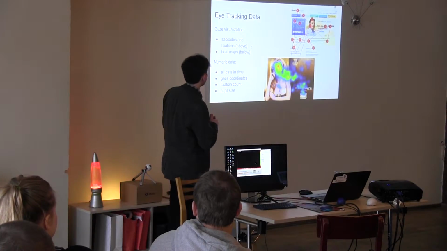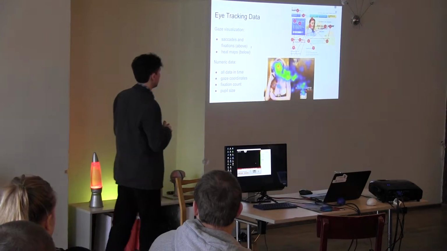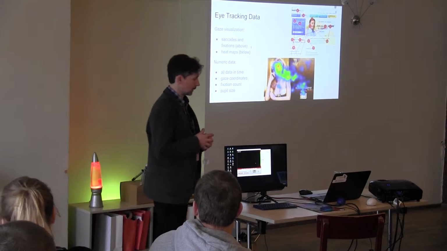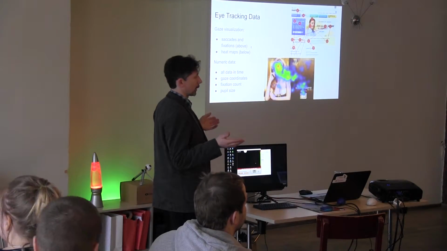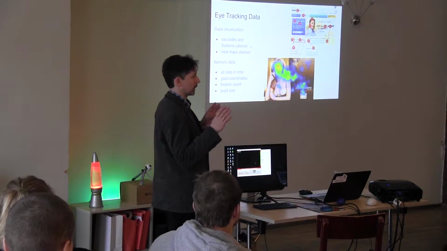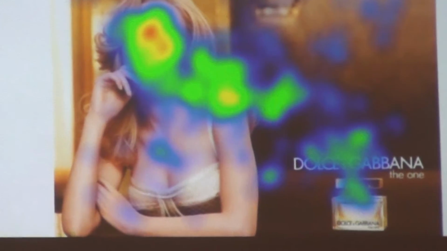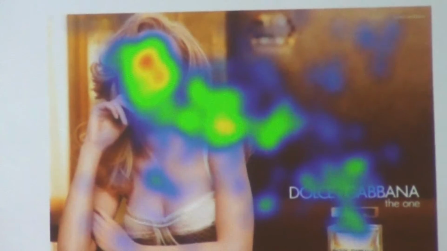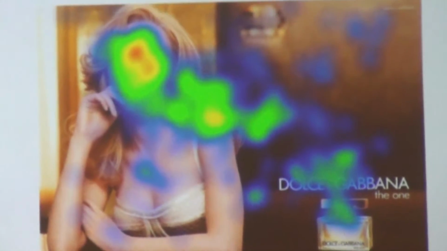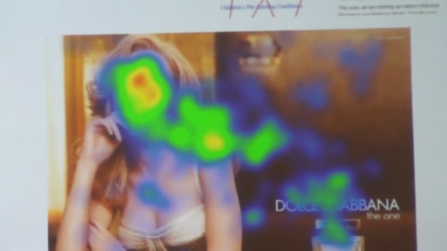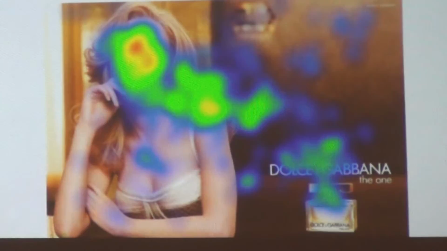The other way to visualize eye tracking data is to make a heat map. It's the image below. In this case, for example, if we show a slideshow, each slide lasts, let's say, 6 seconds, and after the slide is shown, there will be a 6-second heat map, and it shows where the participant looked during these 6 seconds.